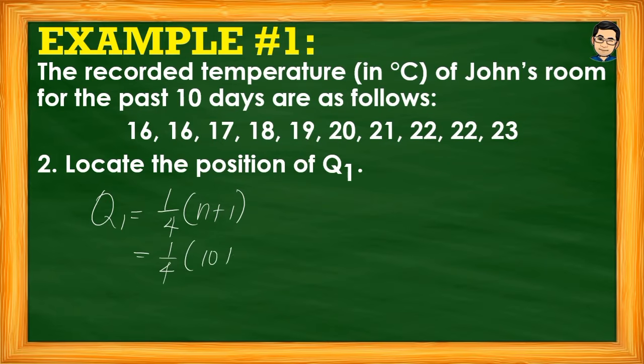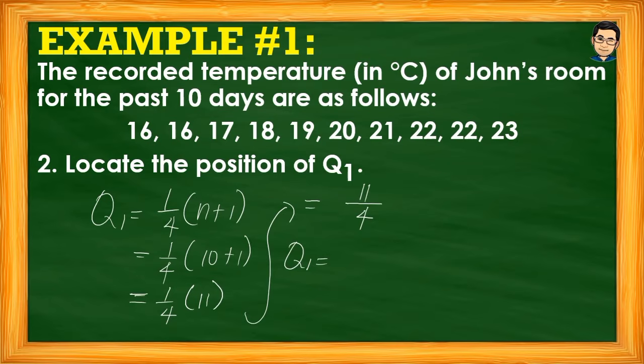So, 10 plus 1 muna. That is 11. Now, if we will multiply 1/4 by 11, our answer will be 11 over 4. Now, dividing 11 by 4, so the exact position of quartile 1 will be 2.75. Okay, so 11 divided by 4 is equal to 2.75.